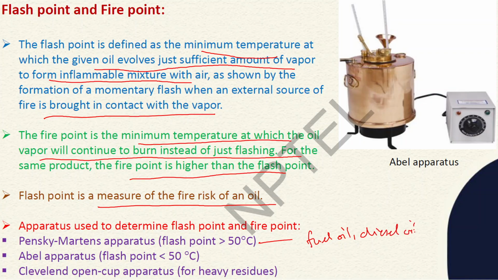The Abel apparatus is for cases where the flash point is less than 50 degrees C, basically low boiling crude oil samples such as gasoline, LPG, etc. And the Cleveland open cup apparatus is for very heavy residues such as lubricating oils.